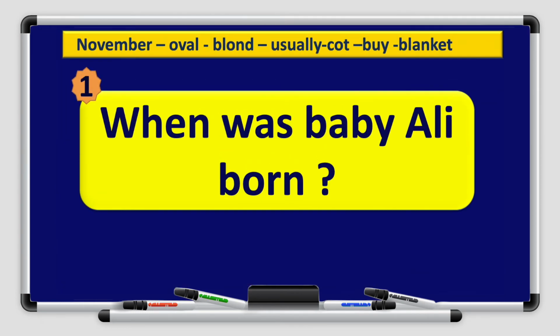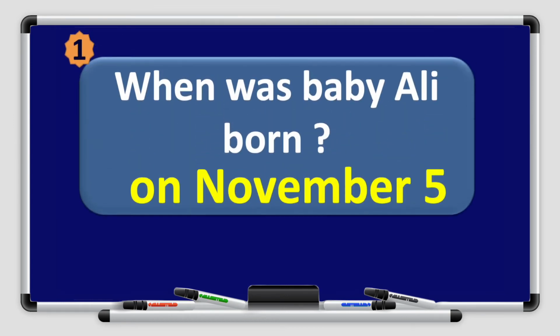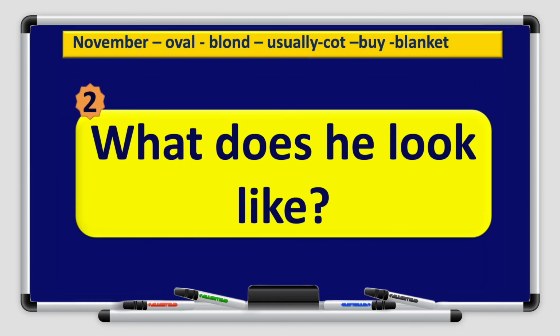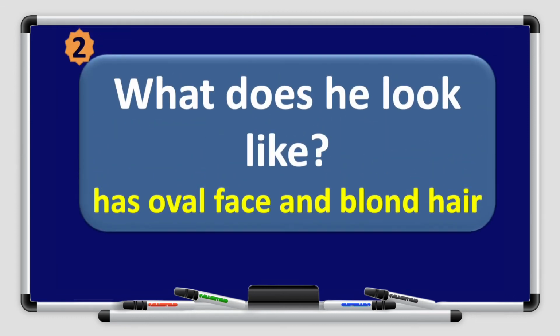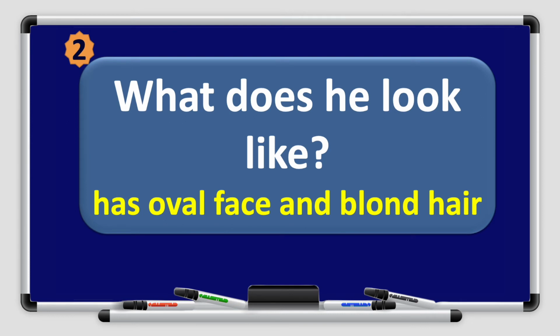Now let's answer the questions in the graphic organizer. Number 1, when was baby Ali born? He was born on November 5th. So I will say on November 5. Number 2, what does he look like? I will use the guide words to help me write the answer. He has an oval face and blonde hair.